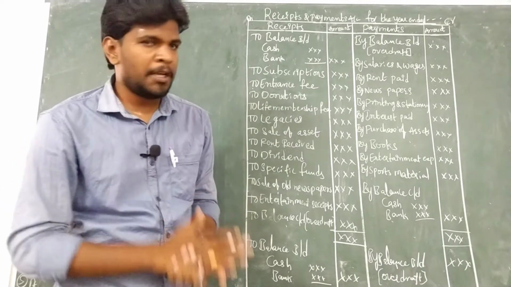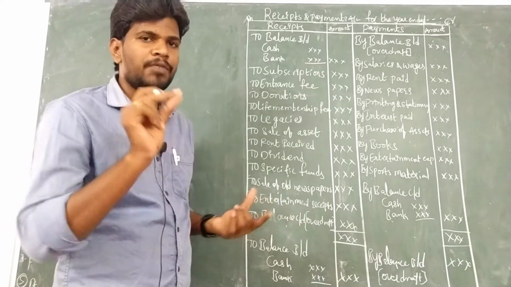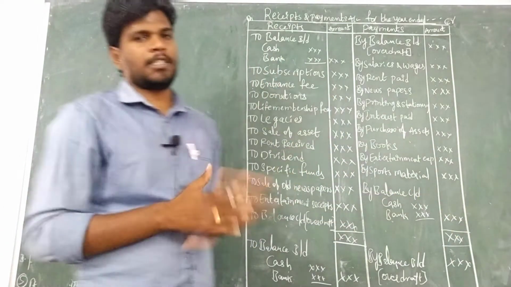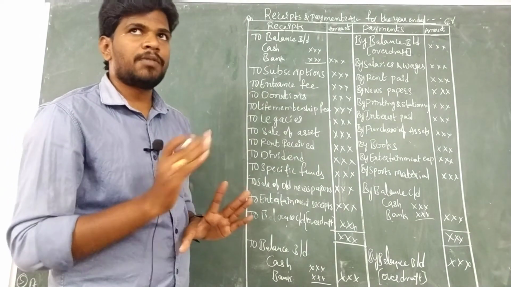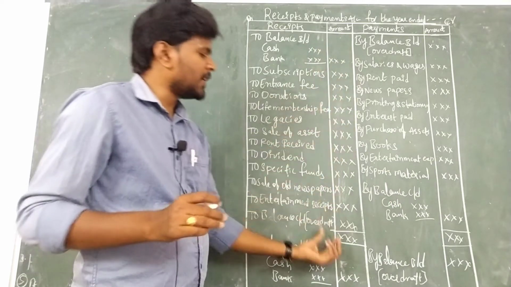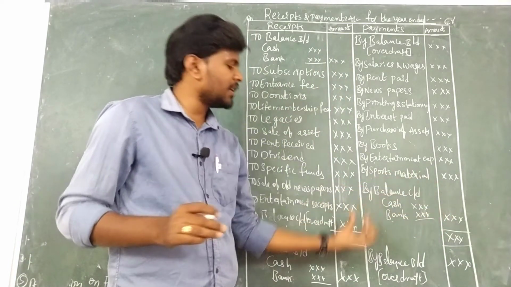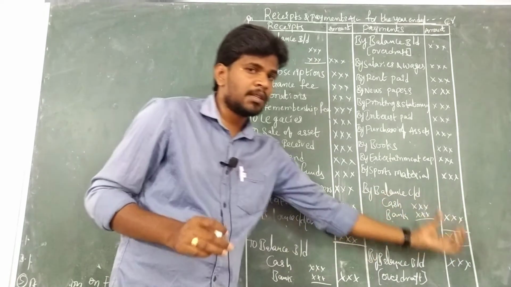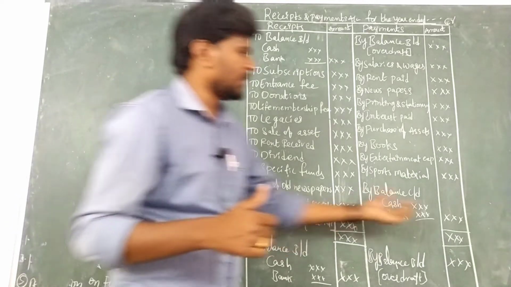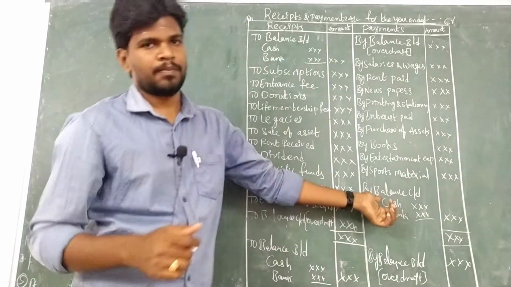That's why, after totaling both sides, whichever is greater is the total for both sides. For example, if the debit side is greater than the credit side, the debit side total is automatically the credit side total also. So where is the difference? The difference is on the credit side.